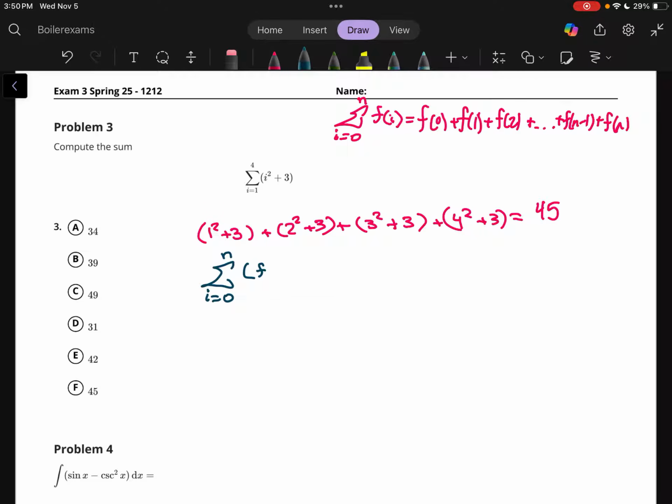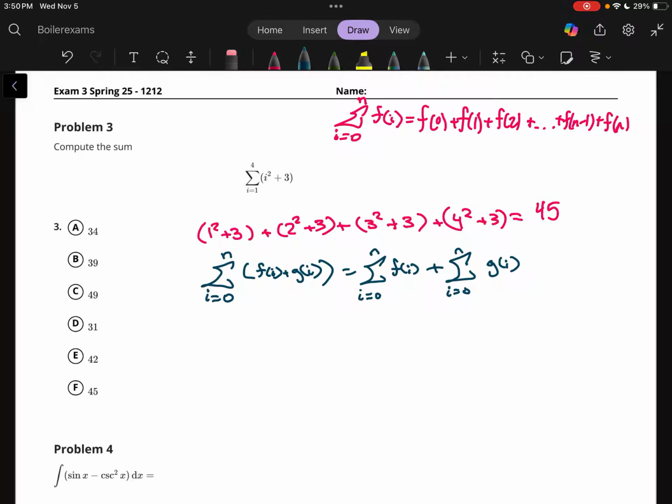So I want to find the summation of f of i plus g of i. Okay, we can actually split this up into two different summations. So the summation of f of i from i equals 0 to n, plus the summation of g of i from i equals 0 to i equals n.